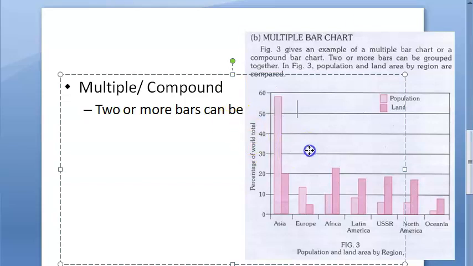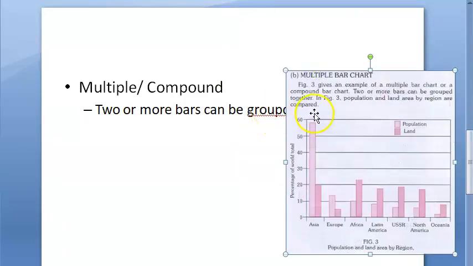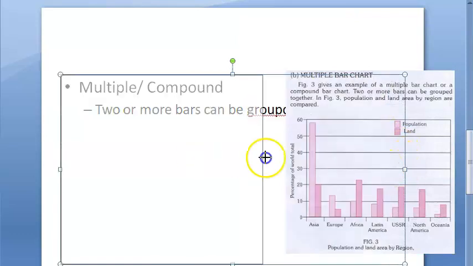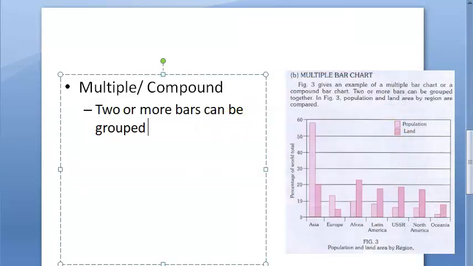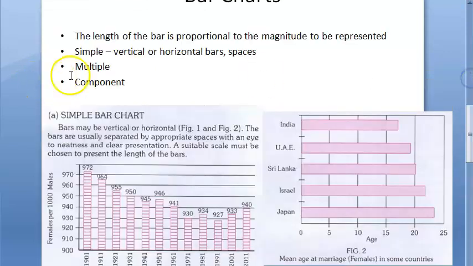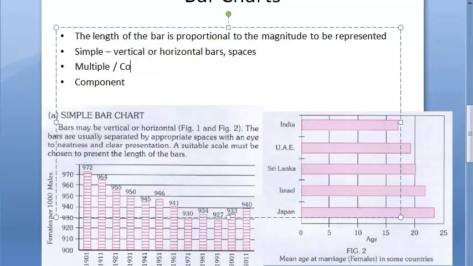Two or more bars can be grouped together. That is nothing but multiple or compound. So multiple has one more name: compound. Two or more bars can be grouped together. Very good.